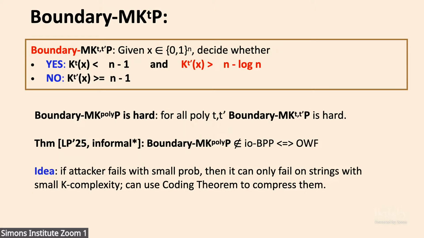Since it's a small set of instances on which he can fail, those instances themselves must have small Kolmogorov complexity, right? Because there's only a small number of them, you can enumerate them, so they cannot be too complicated. And therefore, they can also be efficiently compressed using this coding theorem and so on. So those instances on which that algorithm will fail actually fall outside of the promise. So on the promise, I'm always going to succeed.